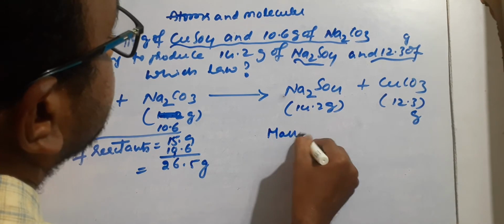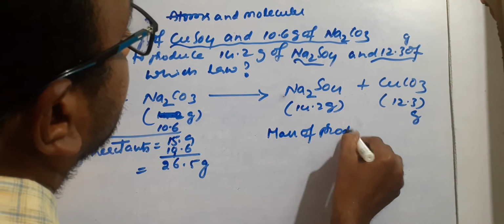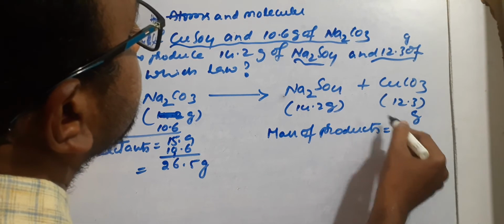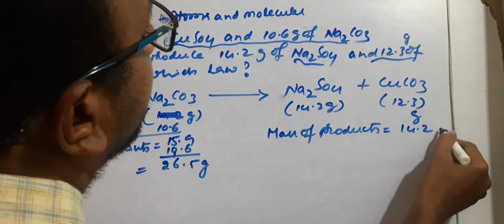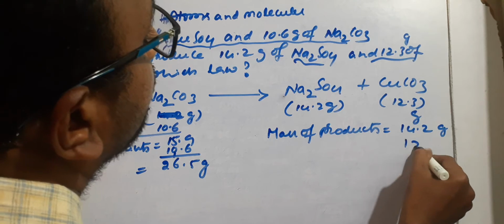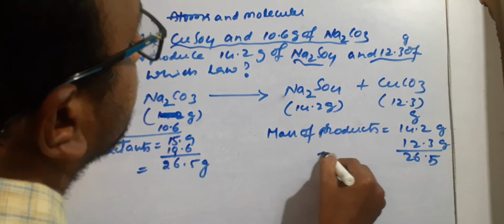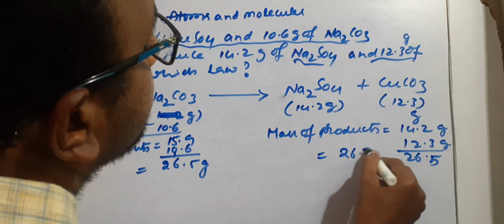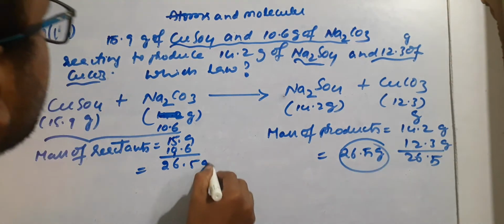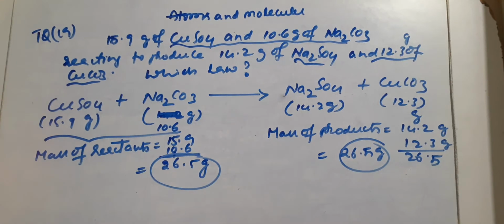So the mass of reactants is 26.5 grams. The mass of products is equal to 14.2 grams plus 12.3 grams, which is equal to 26.5 grams. You can see, students, the reactants mass is 26.5 grams before the reaction, and the products mass after the reaction is 26.5 grams.